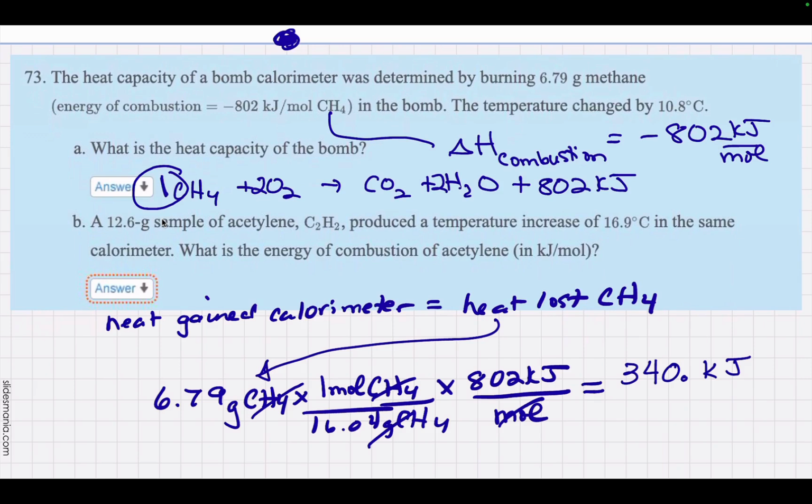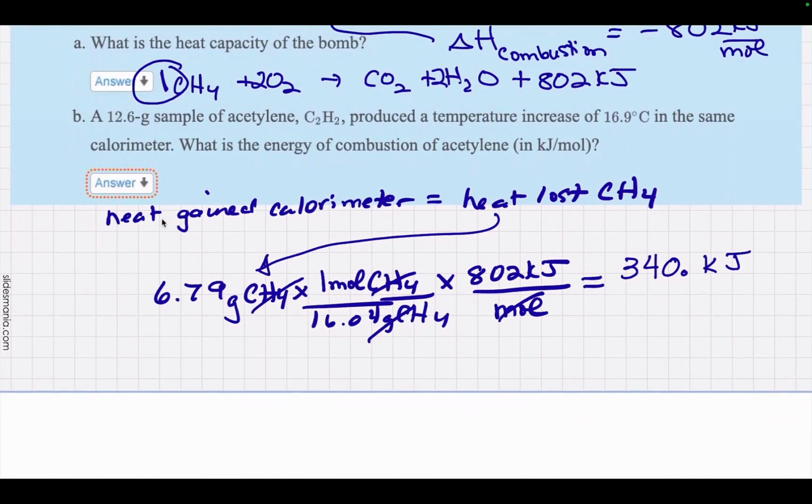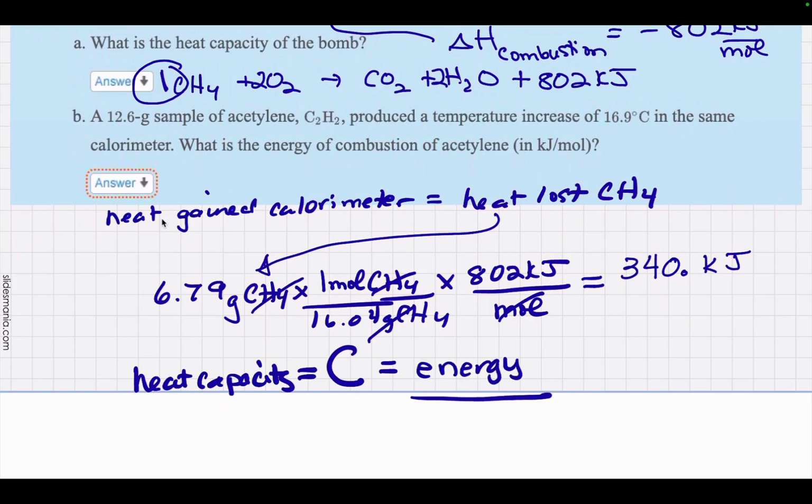So based on that, now I'm ready to answer A. A is the heat capacity of the calorimeter, which we use a capital C for. And this is equal to the amount of energy change that happens per degree Celsius.